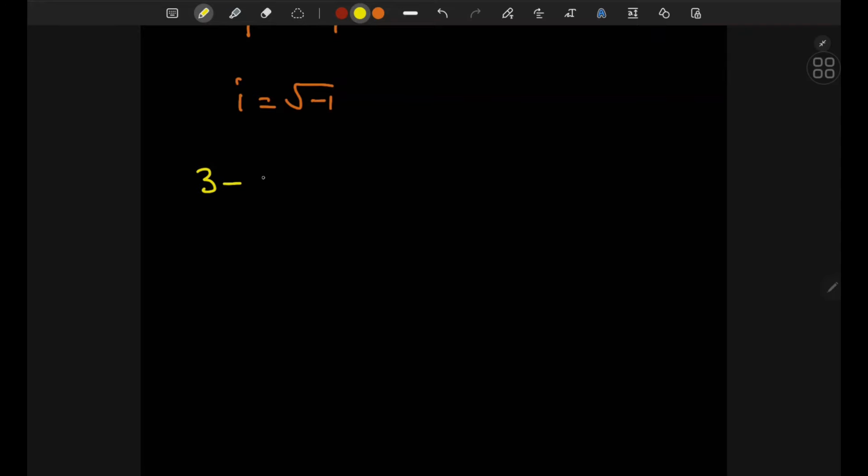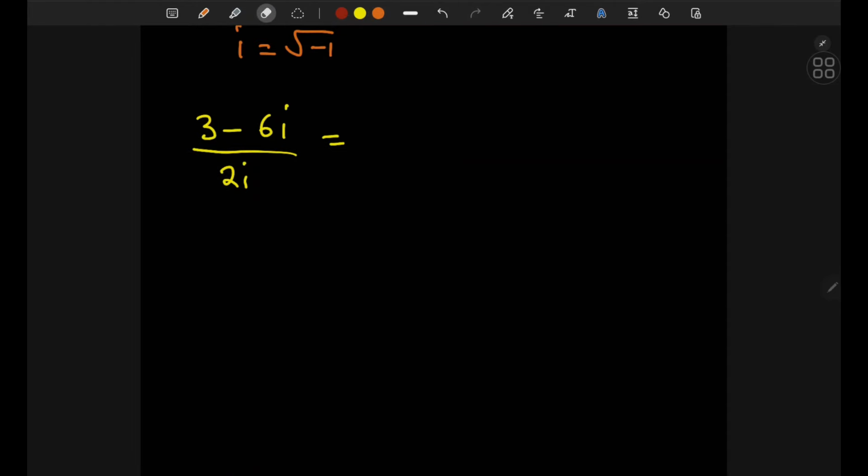So another example I would like us to look at, a quick one, is, say if I gave you 3 minus 6i over 2i. So to solve it, we'll multiply with I, both the numerator and denominator.